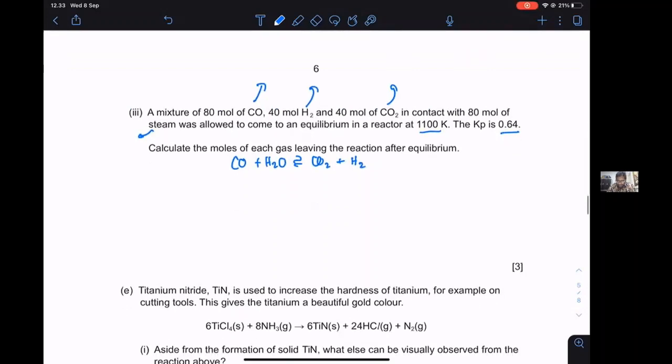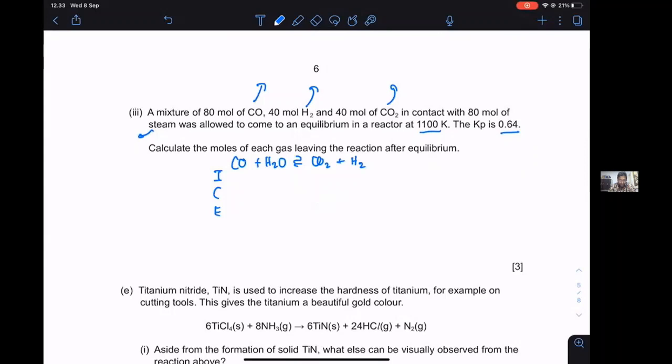How do we do this? This one is going to be by using the ICE method. Do remember, steam is a reactant, therefore it must be there in your Kp expression.